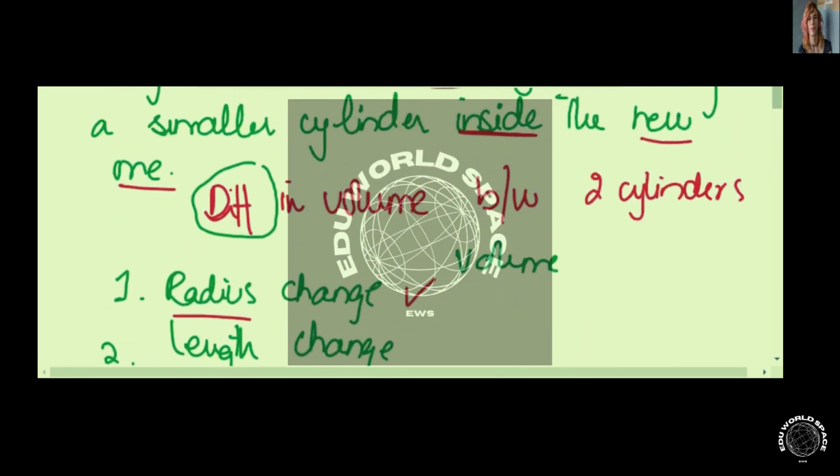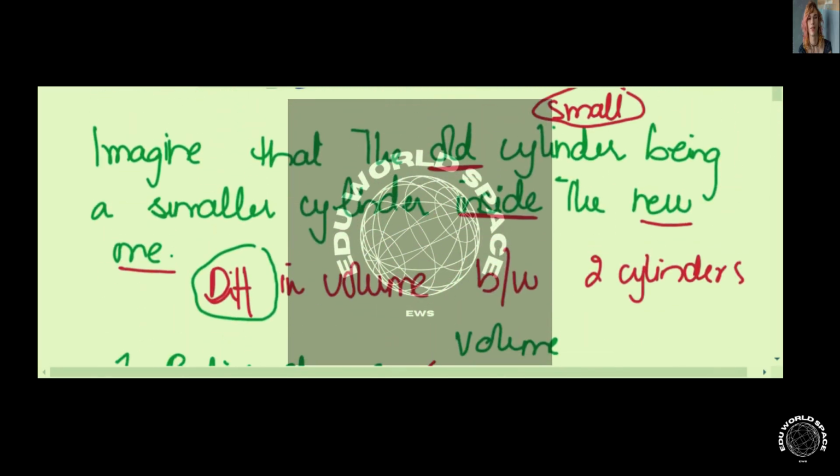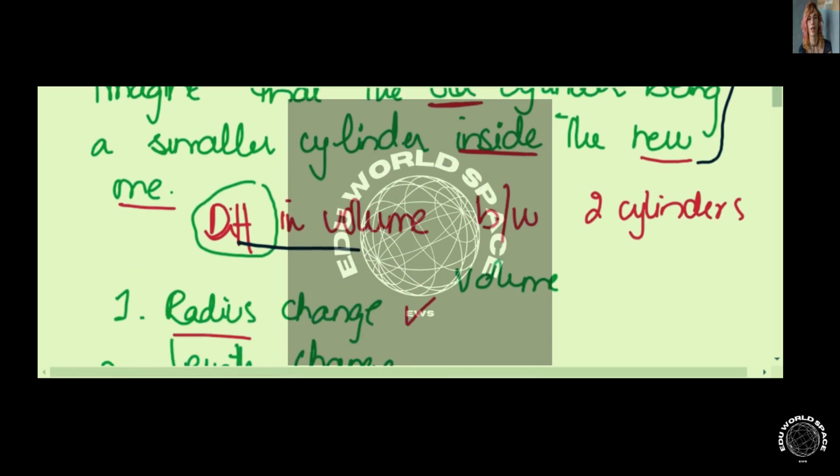What we simply did is that we imagined that the old cylinder is a small cylinder, and it fits inside the larger new cylinder. From this assumption, there would be some difference in the volume of these two cylinders, and this difference was the thing that we were required to find out, right?